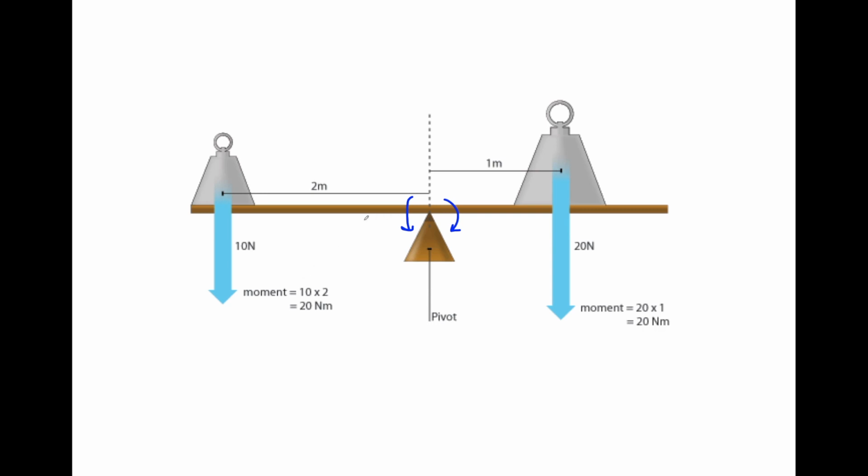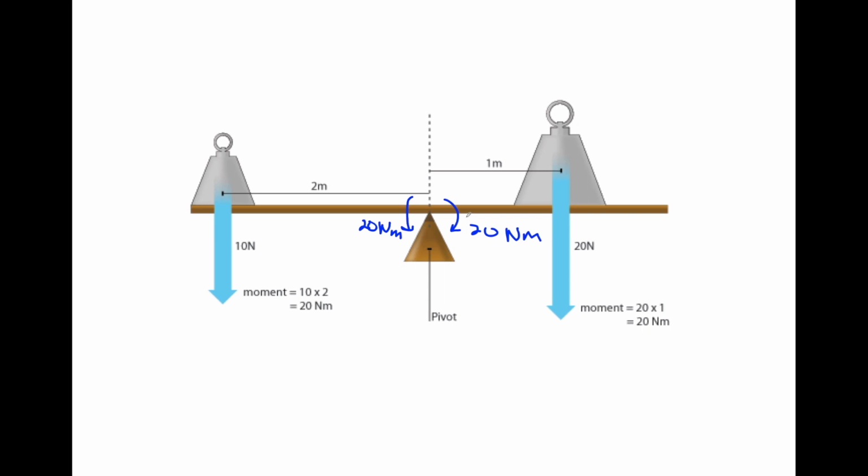That's 20 newton meters that wants to push in the counterclockwise or anti-clockwise direction. And then we have 20 newtons times 1 meter, 20 newton meters that wants to push the seesaw in the clockwise direction. So it's equal in opposite directions, so it's going to balance.